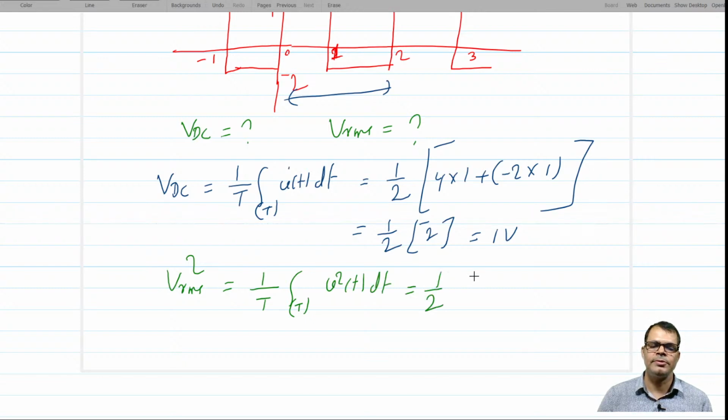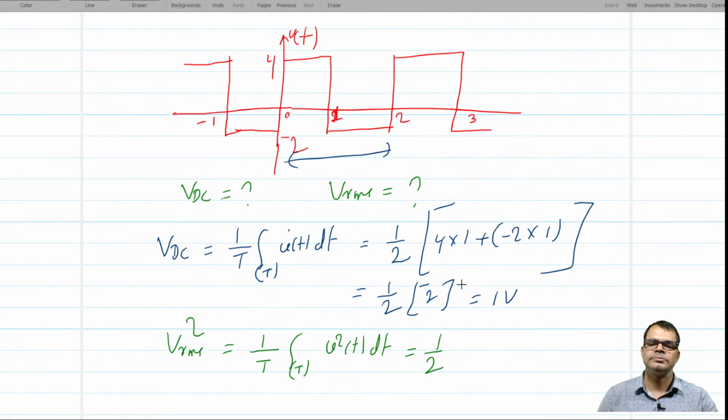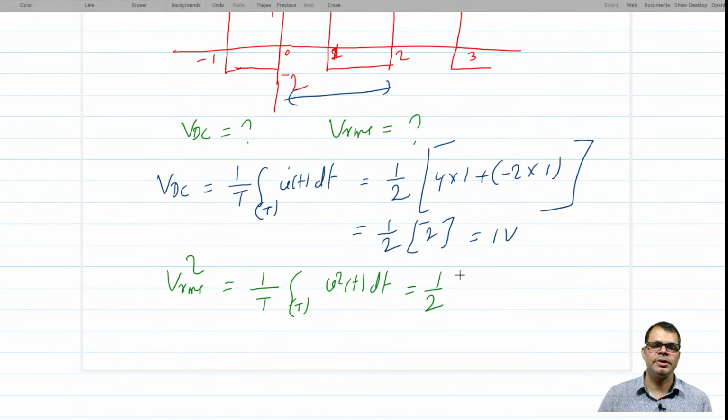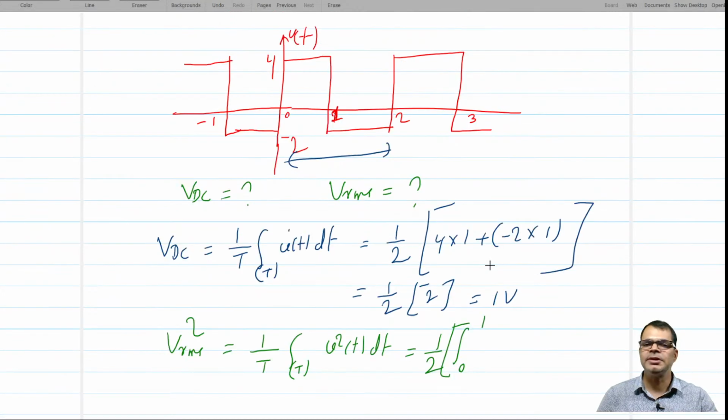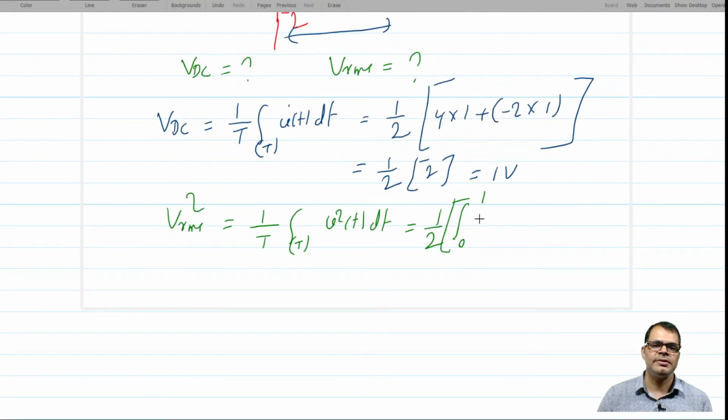1 upon 2, you see, from 0 to 1, you have V square(t), the amplitude is 4, that is 4 square dt, plus 1 to 2, minus 2 square dt.